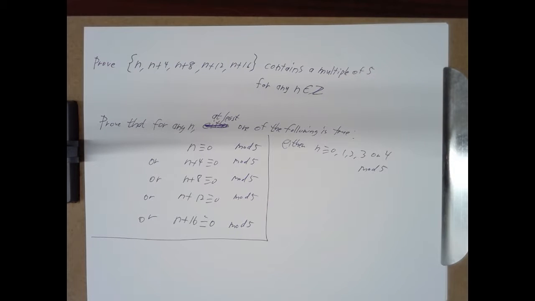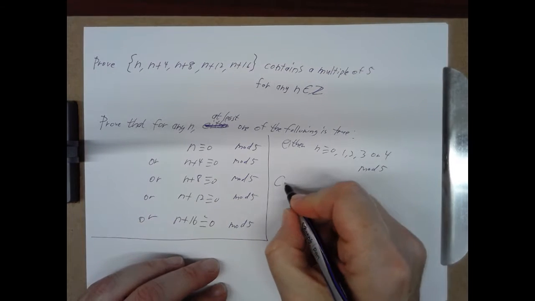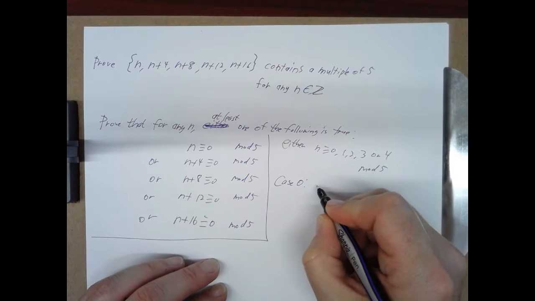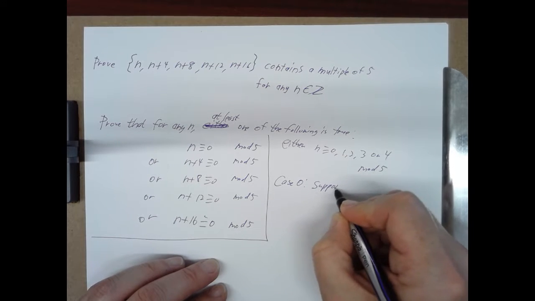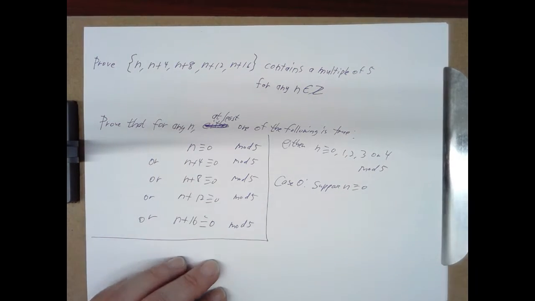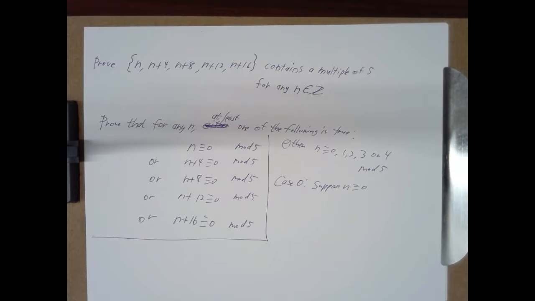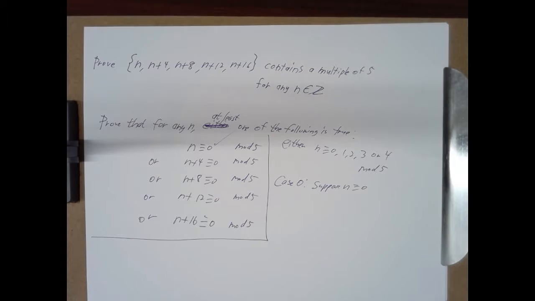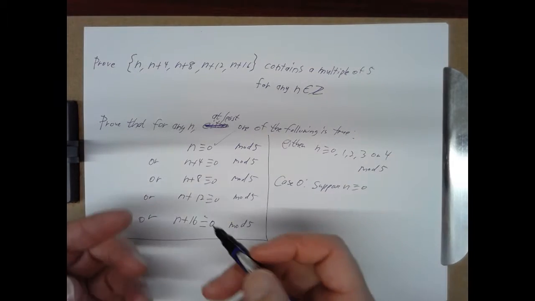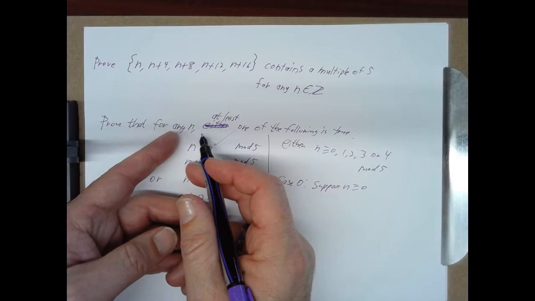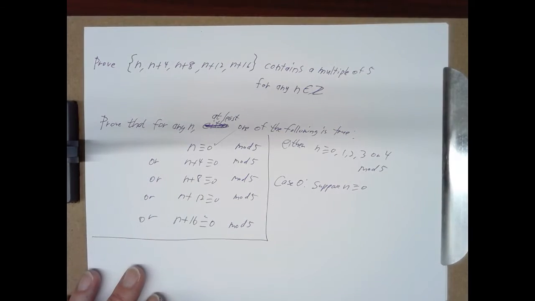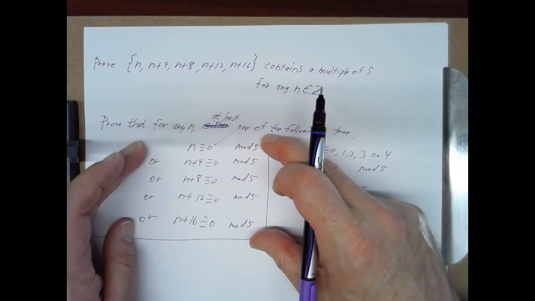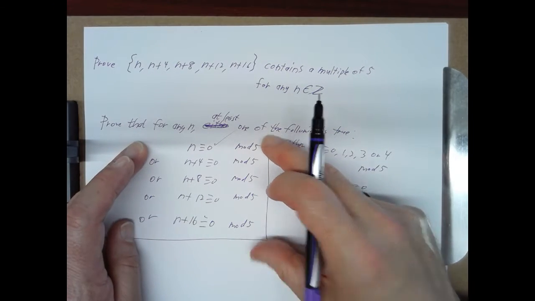Division algorithm tells us every number will be congruent to either 0, 1, 2, 3, or 4. So we can do a proof by cases. So case 0, suppose n is congruent to 0. Well, then we've proven that n is congruent to 0, right? And this theorem says that at least one of these 5 statements will be true. So if n is congruent to 0, at least one of these 5 statements is true.